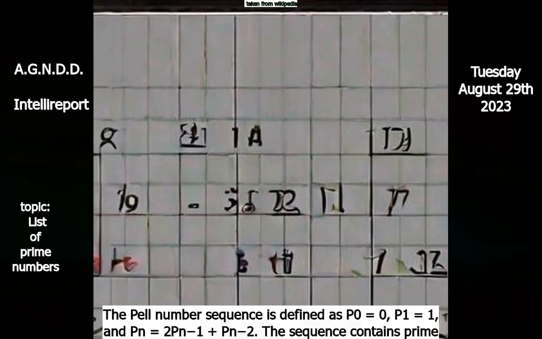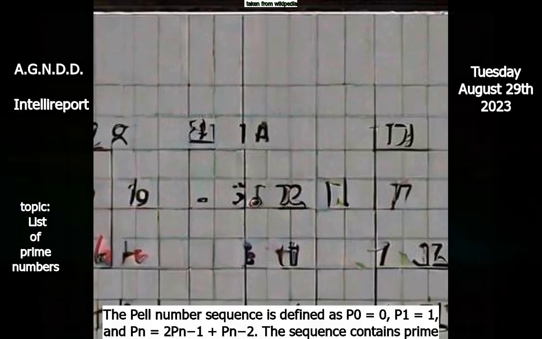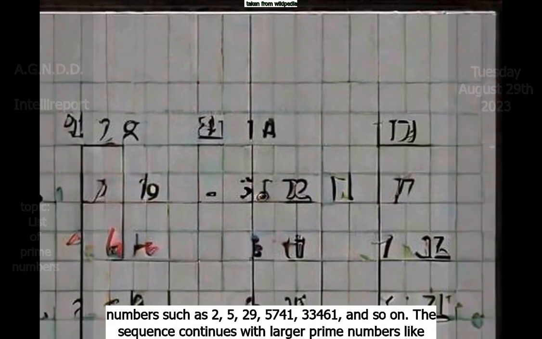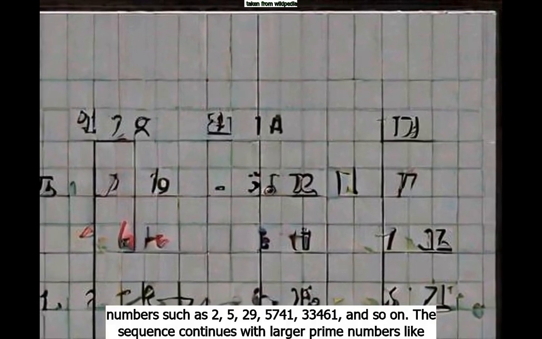The sequence contains prime numbers such as 2, 5, 29, 5,741, 33,461, and so on.